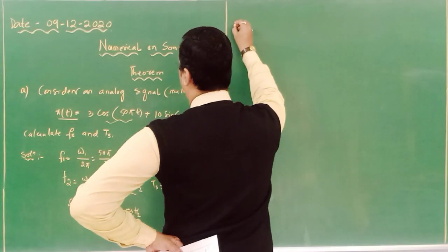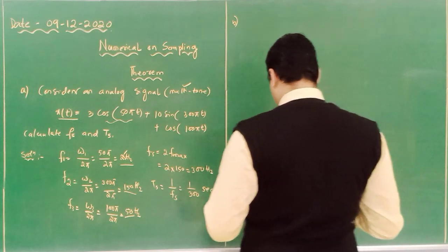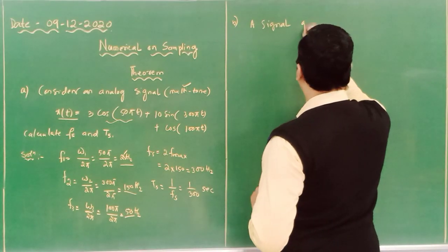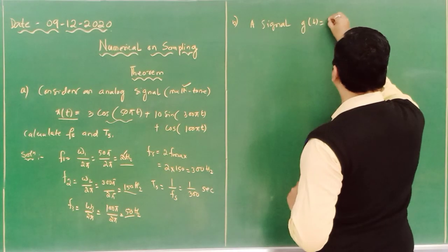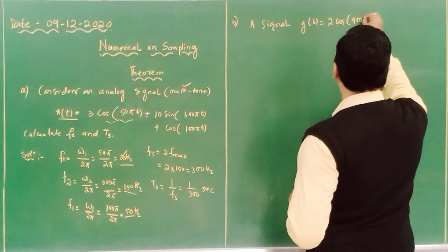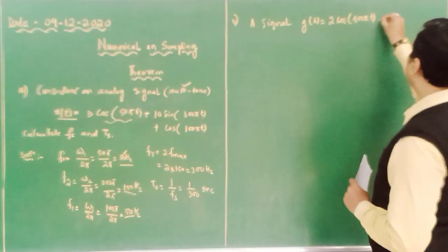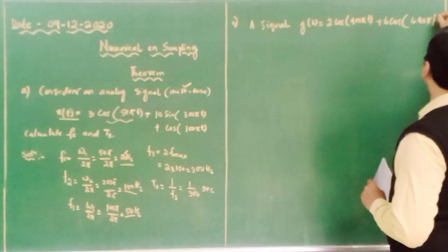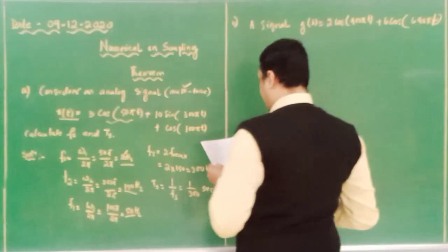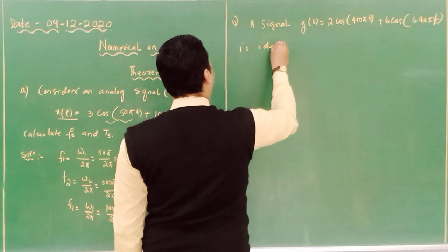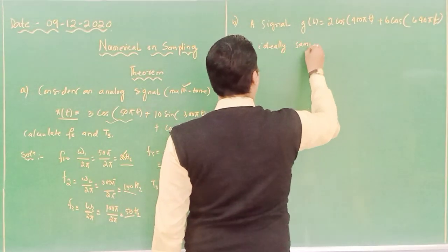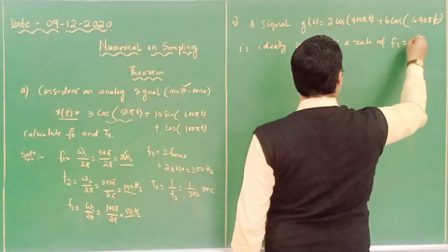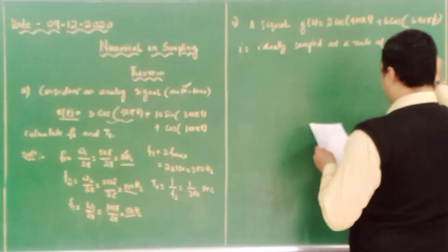Okay, for a multi-tone signal. Second question, we are going to discuss a signal g of t equals 2 cos 400 pi t plus 6 cos 640 pi t, which is ideally sampled at a rate of Fs equals 500 hertz.